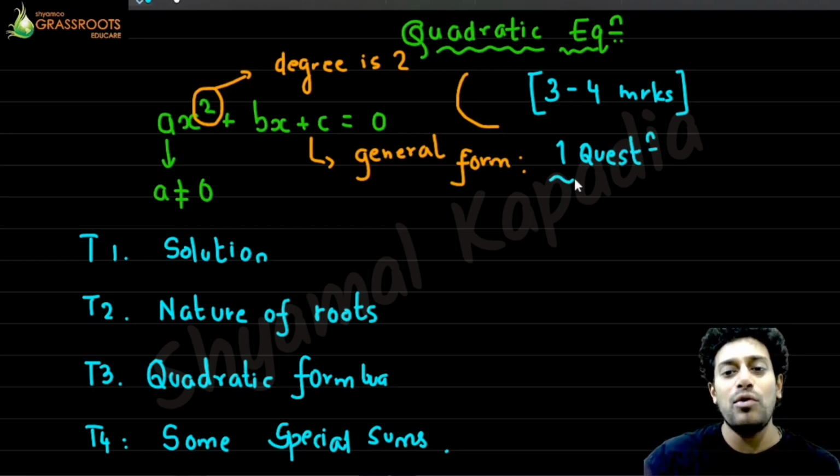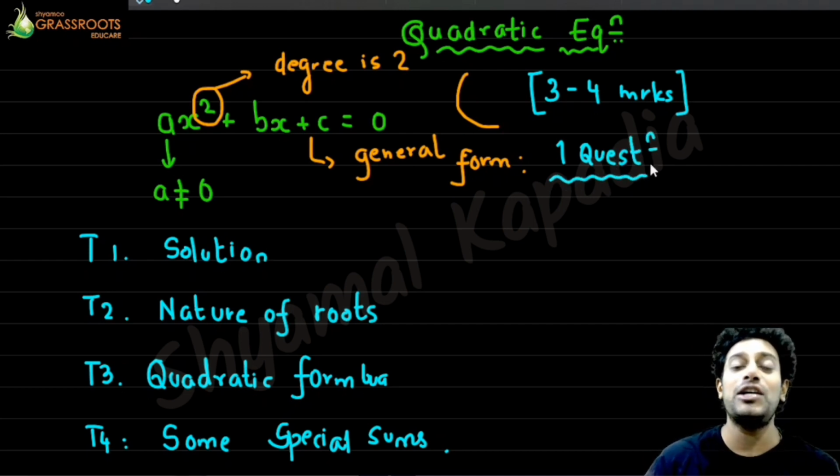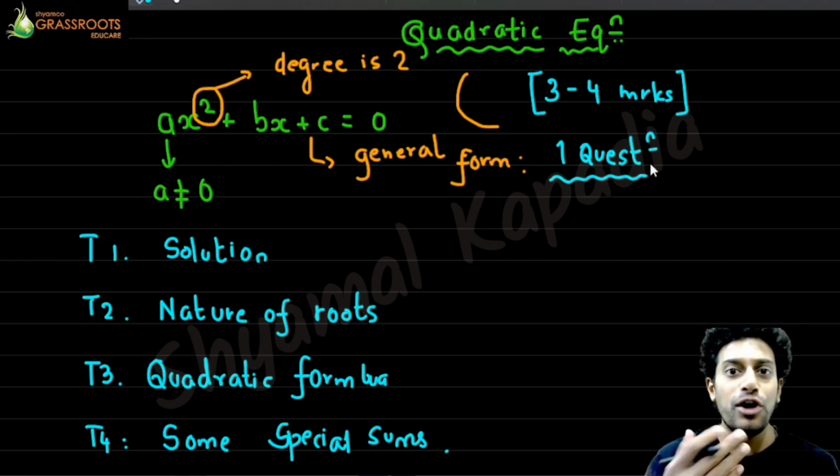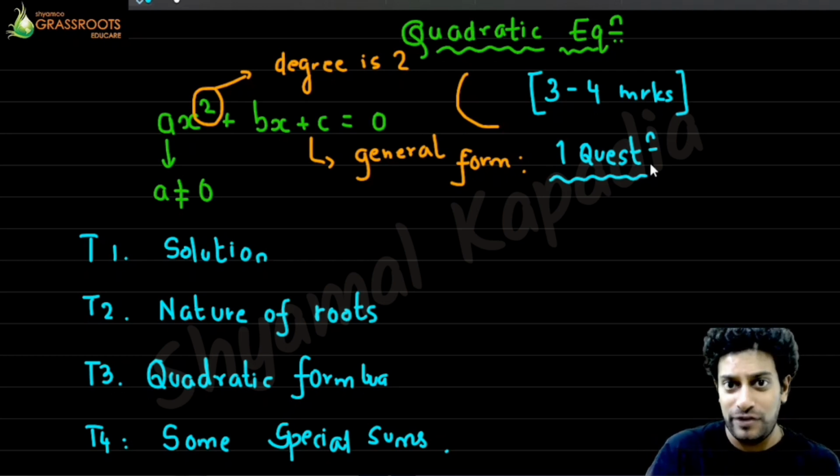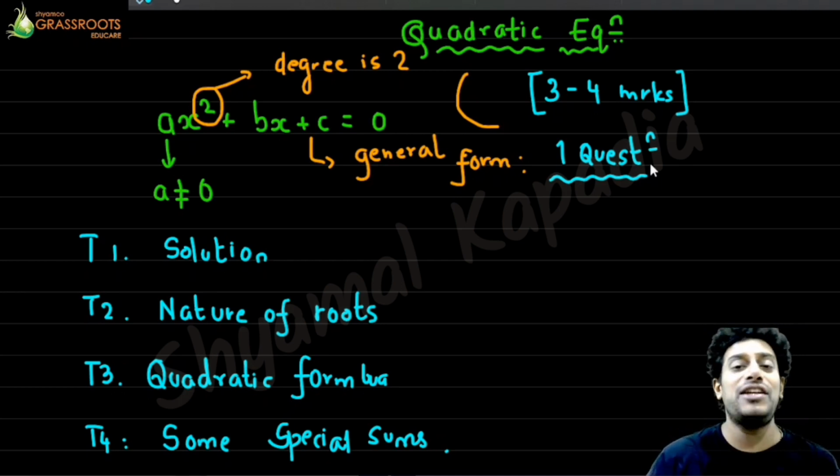Even there is a chapter called quadratic equation word problems. Word problems, in which it is a statement, a problem, like a sum given. You have to form an equation, and then you have to solve it.